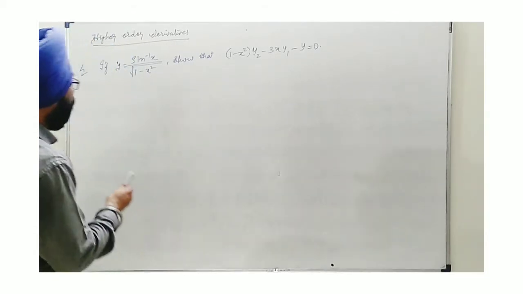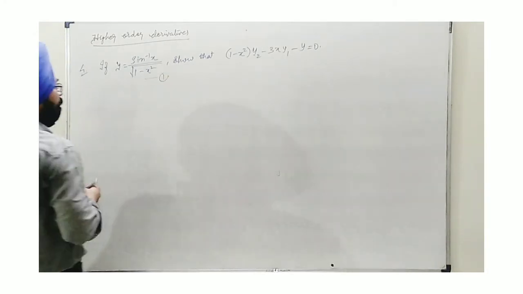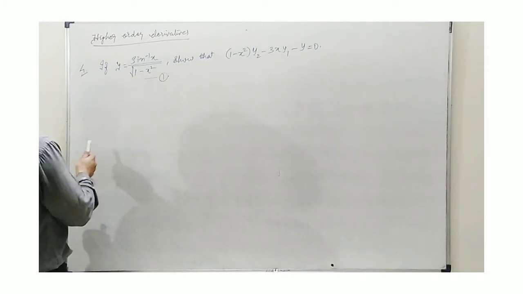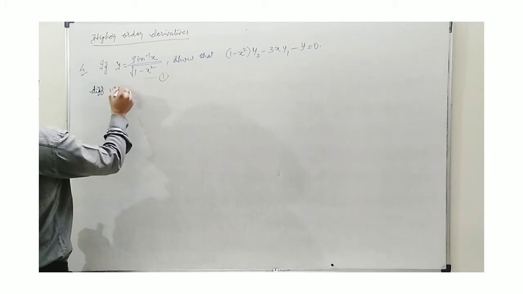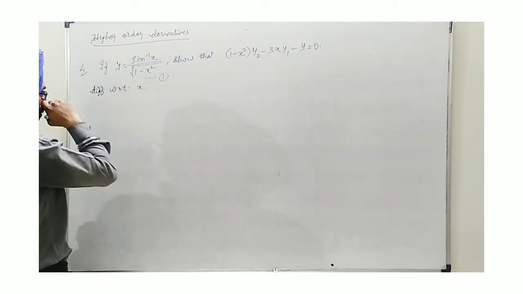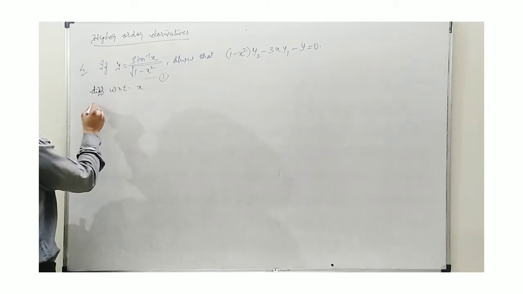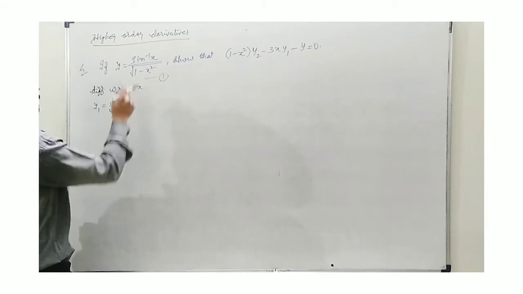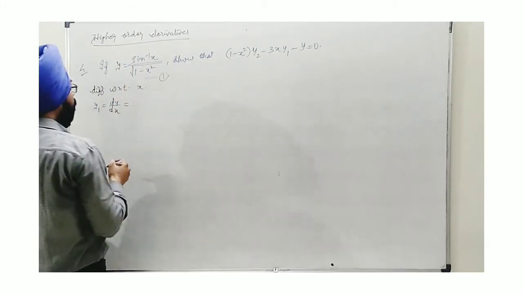What happens when we differentiate directly as it is? If I do differentiating with respect to x, I need a second order, so this will become y1, which is dy by dx. As I see, functions are available both in numerator and denominator, so quotient rule will be applied.